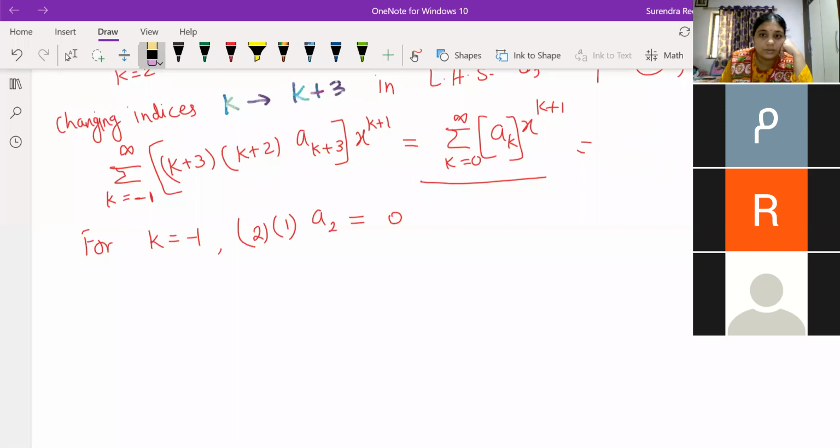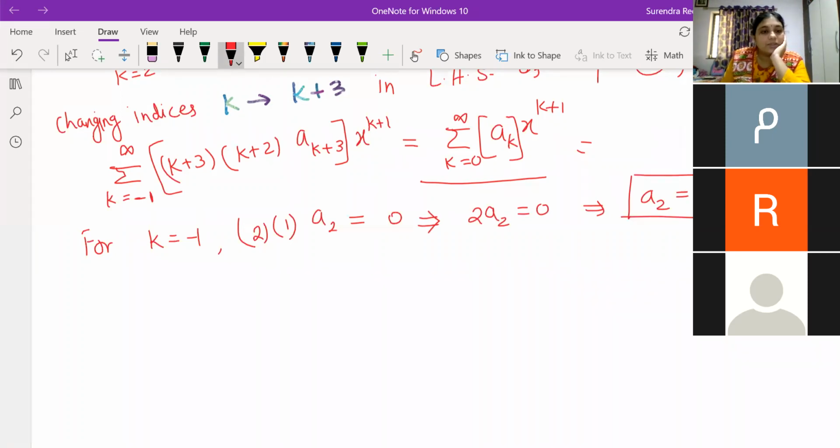I can write the k is equal to -1 term as 0, plus something, with k from -1 to infinity. So I am getting 2 times a2 is equal to 0. What this implies? a2 must be 0.